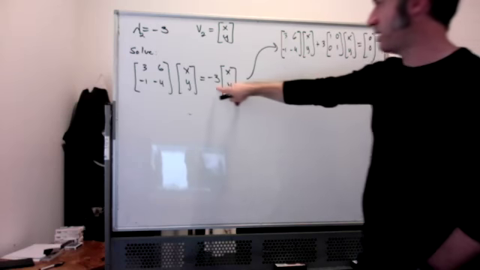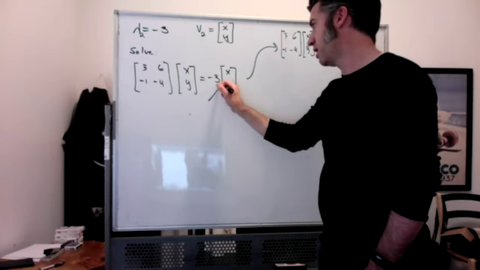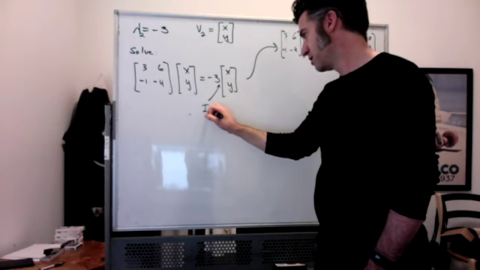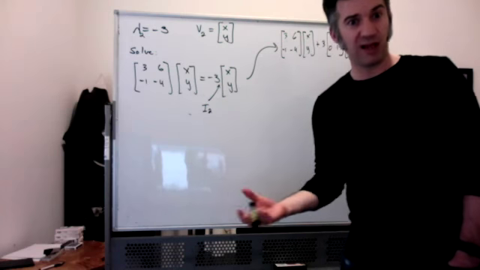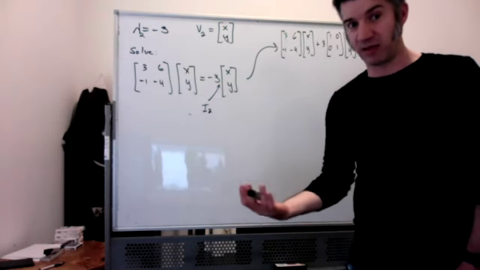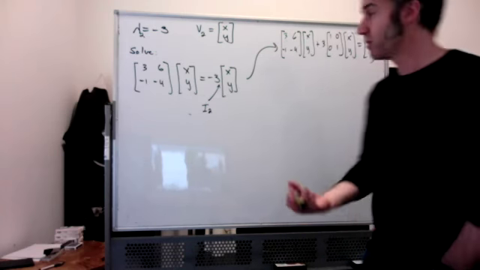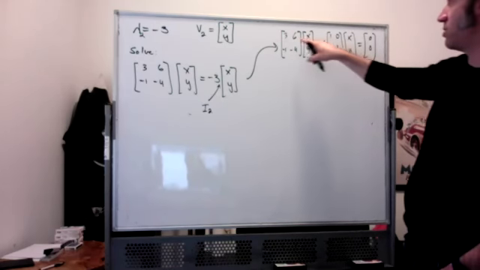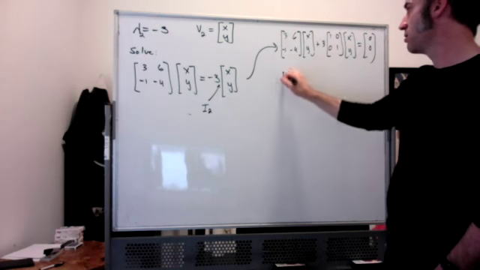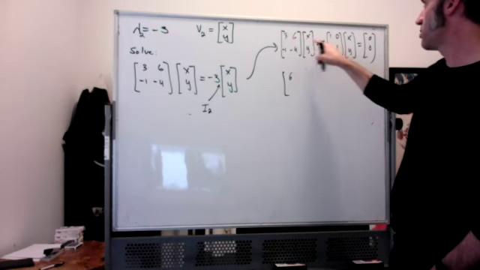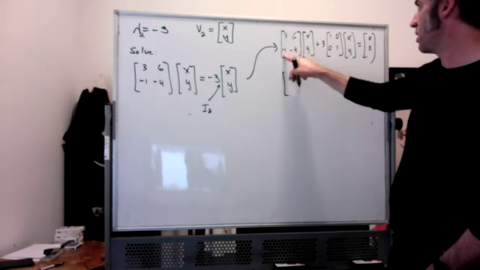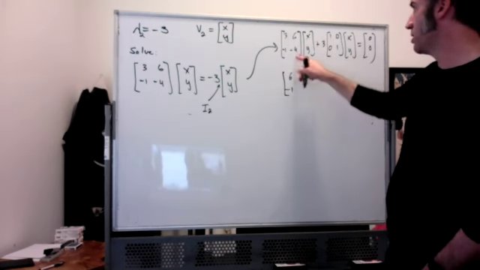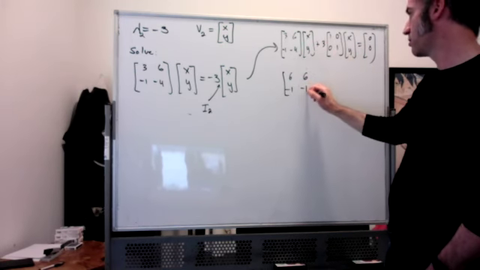I subtracted this over and tossed in the identity matrix. We're always allowed to multiply a matrix by the identity matrix. It's like multiplying by 1. Then I'm just going to do 3 plus 3, 6 plus 0, -1 plus 0, -4 plus 3.